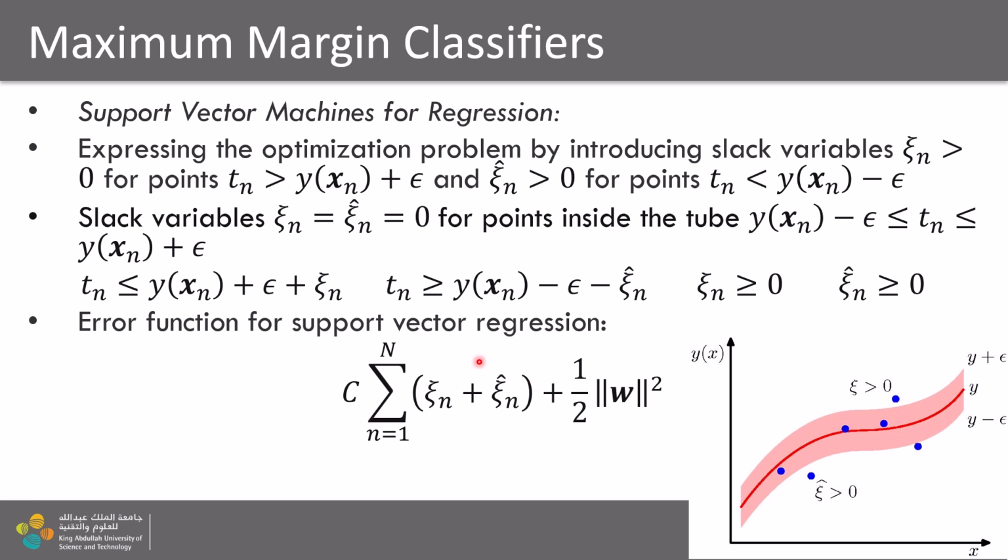So this is to be minimized, and also our weight squared should be minimized. And with this, we are defining the maximum margin concept as defined in the case of classification.